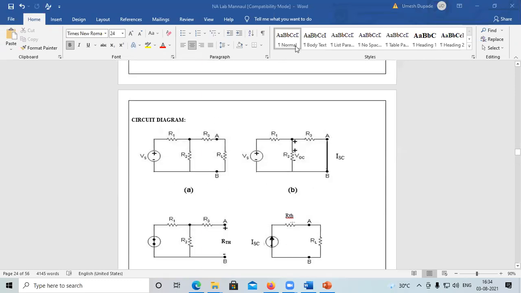We will take a similar value, similar घ्यायच्या value का different घ्यायच्या, as your wish. कोणते value घ्यायच्या? Hello. सांगा व्हॅल्यू कोणते घ्यायच्या? आता थेव्हनिन साठी घेतलेले घ्यायच्या का दुसरे घ्यायच्या?